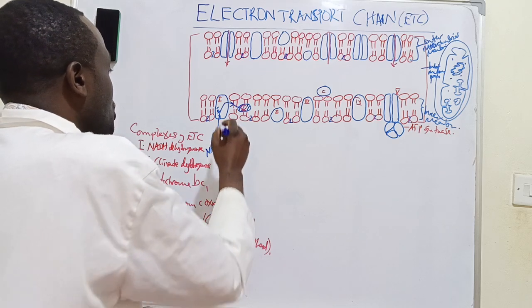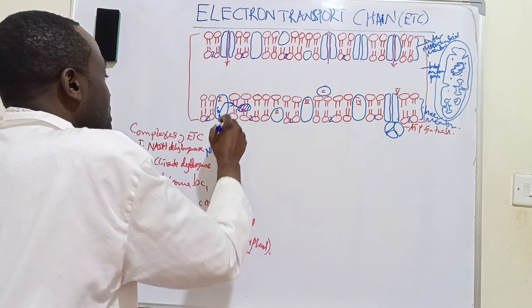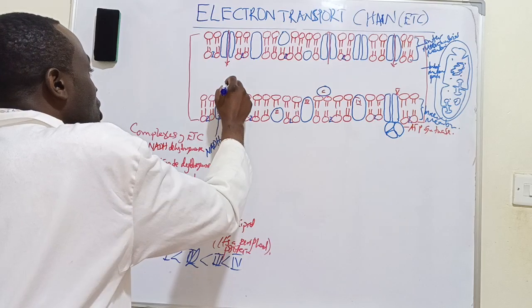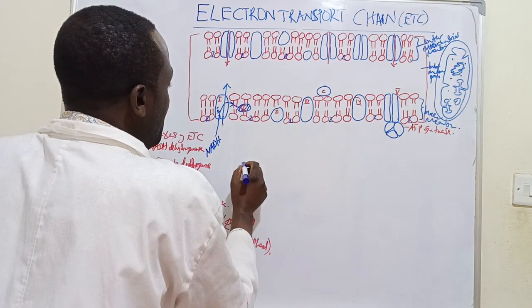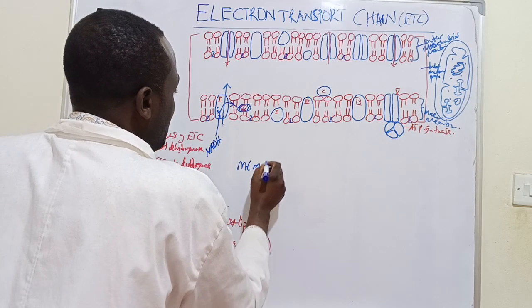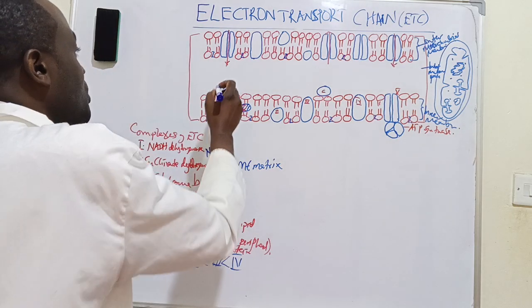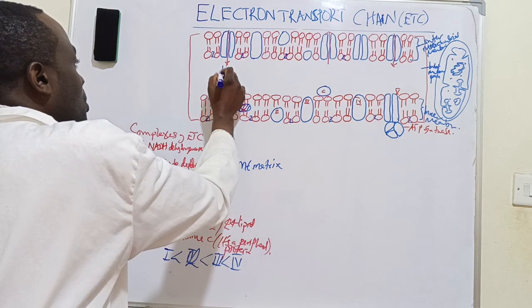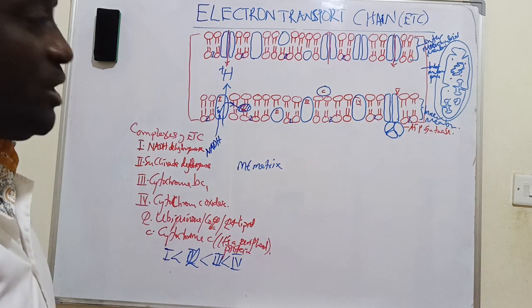So free energy is coupled to pumping of protons from the mitochondrial matrix, because here we have the mitochondrial matrix. So protons are pumped from the mitochondrial matrix to the intermembrane space.